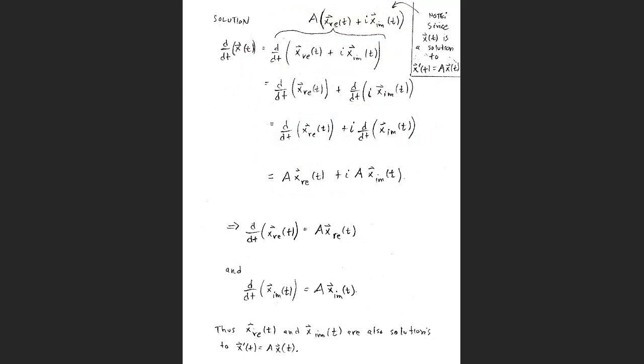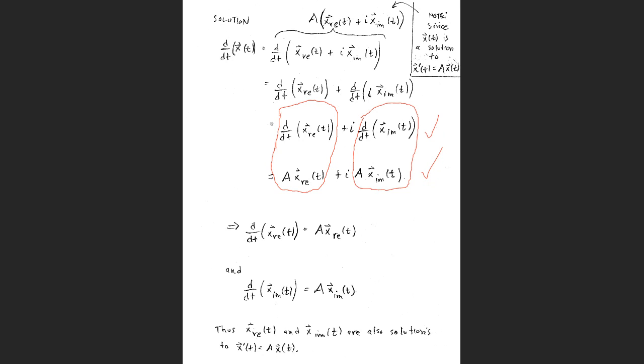Now, what's really cool is this. I have here a complex vector equaling another complex vector. This means that A times x real is going to have to equal the derivative of x real, and A times x imaginary is going to have to equal the derivative of x imaginary.